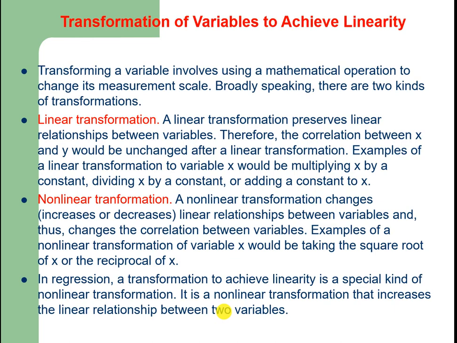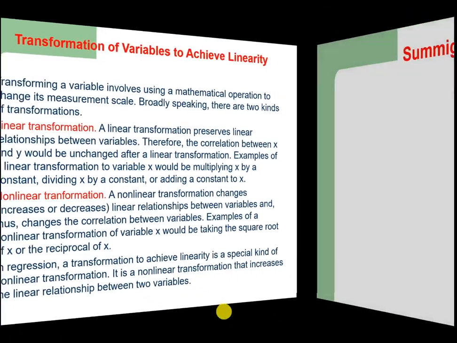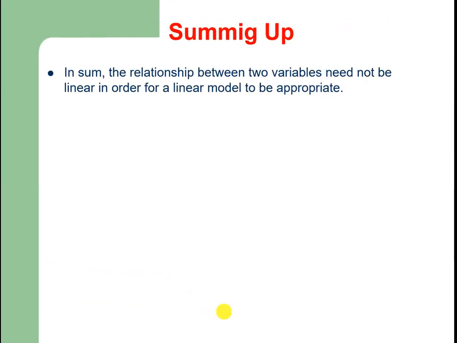In order to see that, we will use some data, and we will show that if we introduce a non-linear transformation in the model, it improves the results. So, summing up this discussion, it can be inferred that the relationship between two variables need not be linear in order for a linear model to be appropriate.